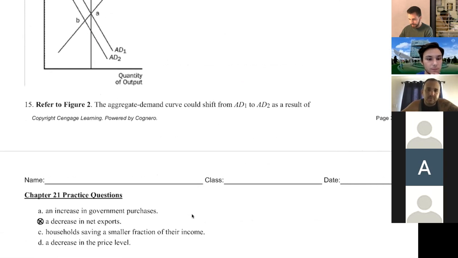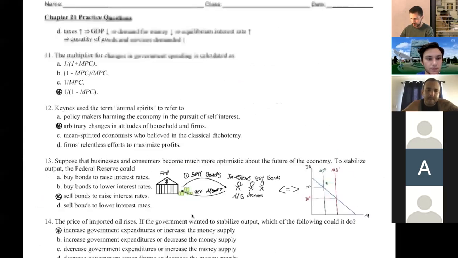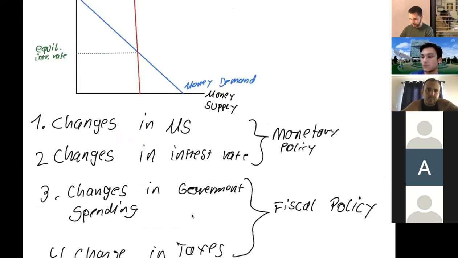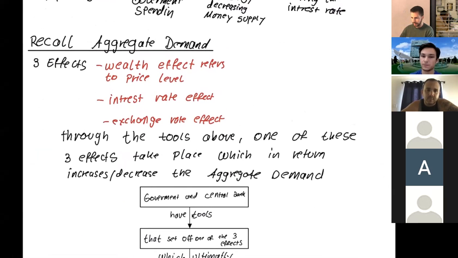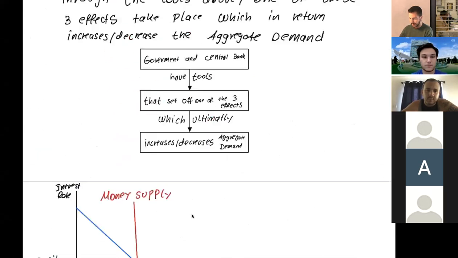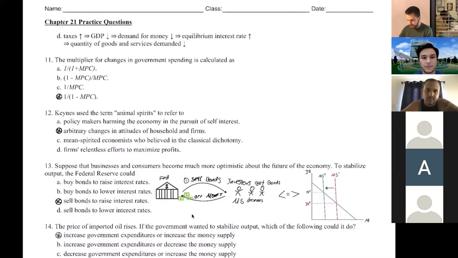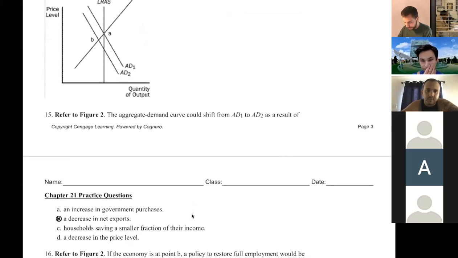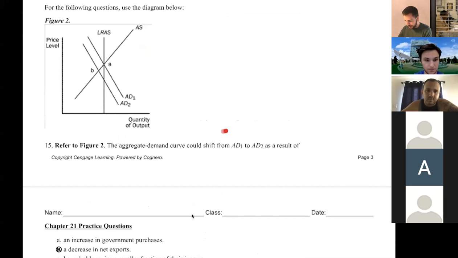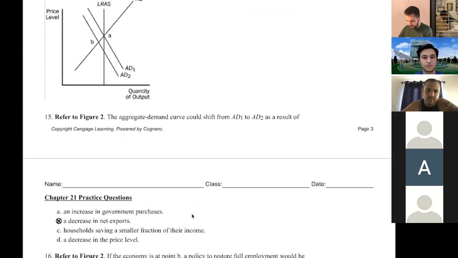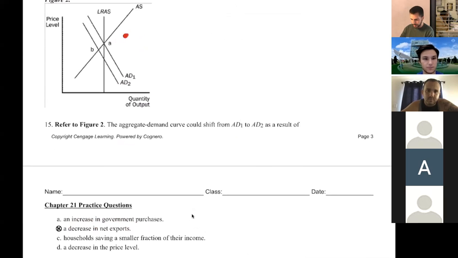That's the net export, what I talked about above. The net exports, I think, trigger this exchange rate effect, and I didn't write anything down because you just need to know that an increase in government purchases would basically increase the aggregate demand curve. So that's why I could eliminate A.